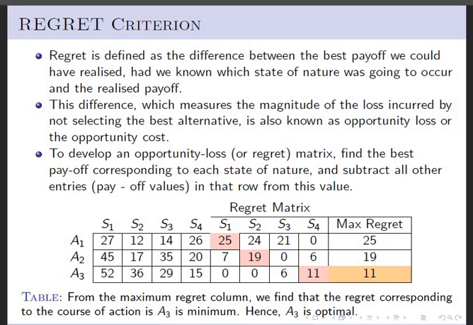From the table, alternative A1 has maximum regret 25, A2 has maximum regret 19, and for A3 the maximum regret is 11.